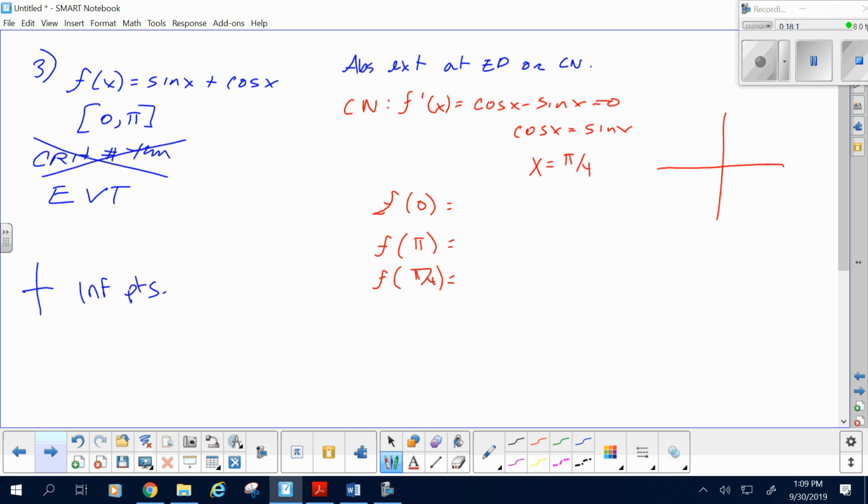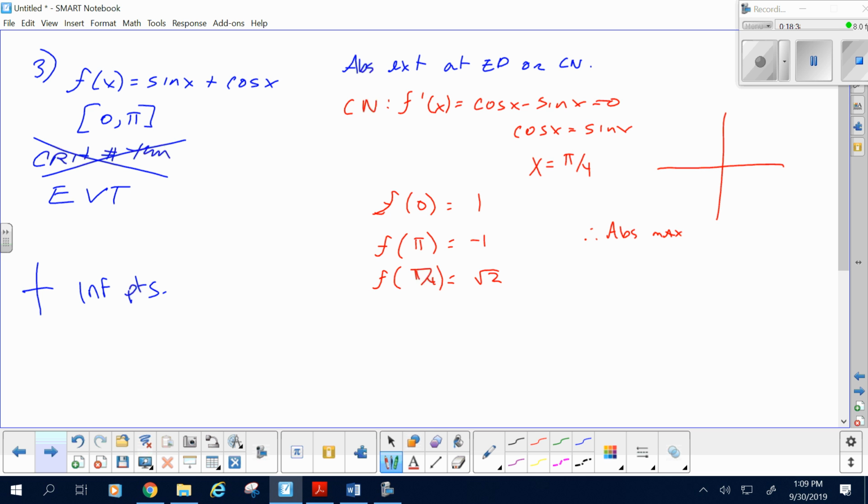F at 0 is 0. Nope, it's 1. F at pi is negative 1. And f at pi over 4 is root 2 over 2 plus root 2 over 2, which is just root 2.